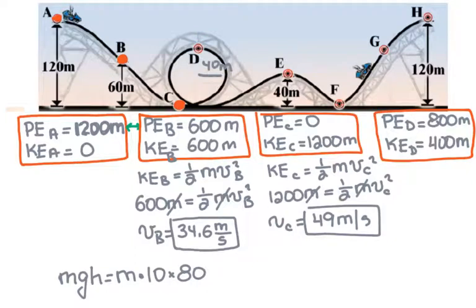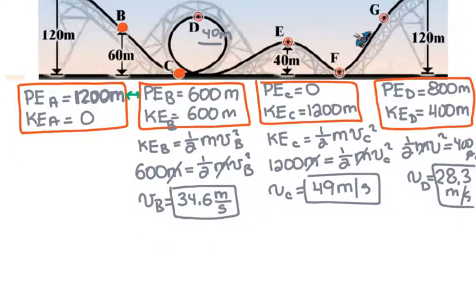So kinetic energy, which is 1/2 m v squared, is equal to 400 m. The masses cancel, so the velocity at D is equal to the square root of 800, which is 28.3 meters per second.